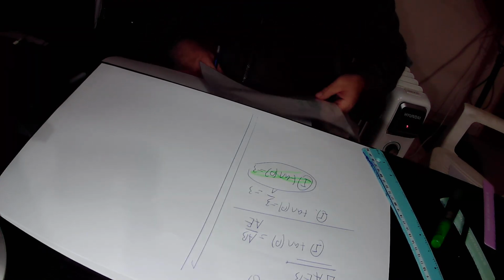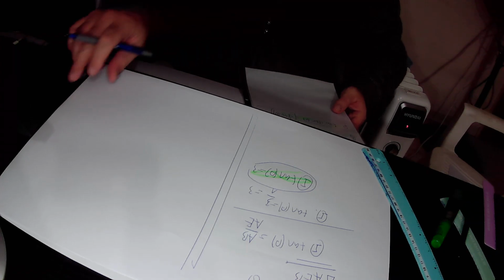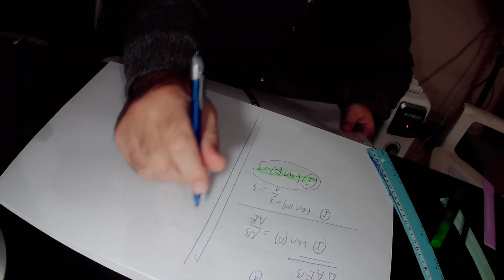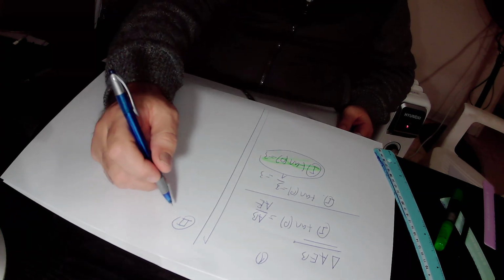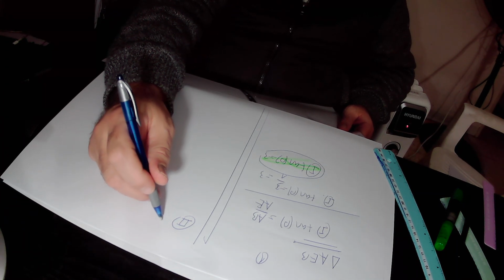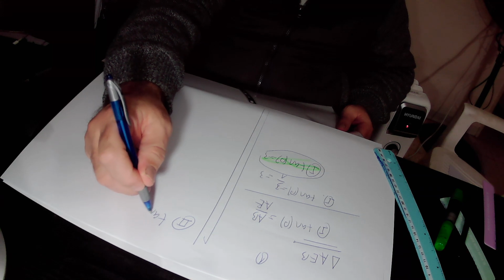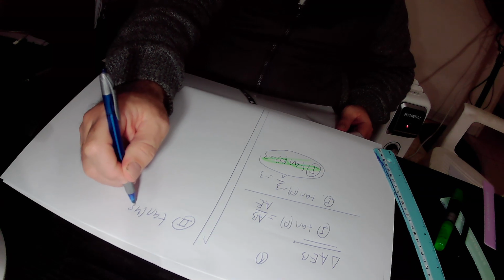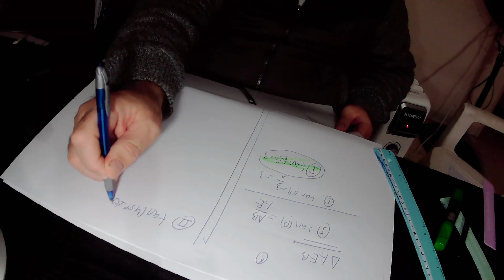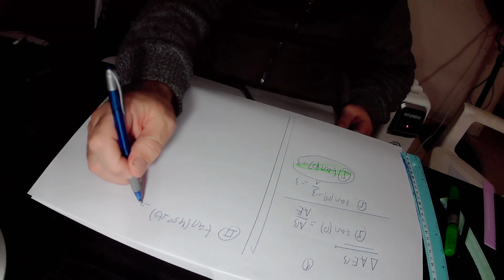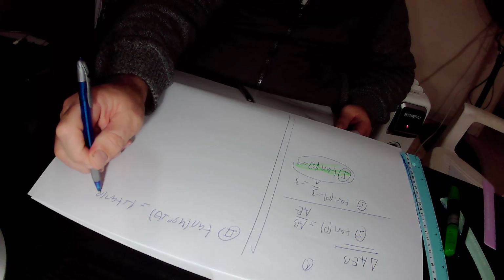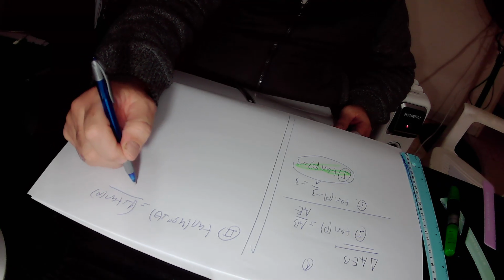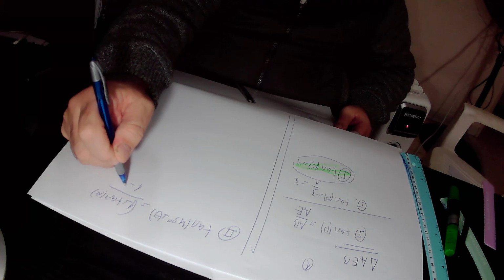This will be equation 2. So, tangent of 45 degrees plus theta equals 1 plus tangent theta over 1 minus tangent theta.